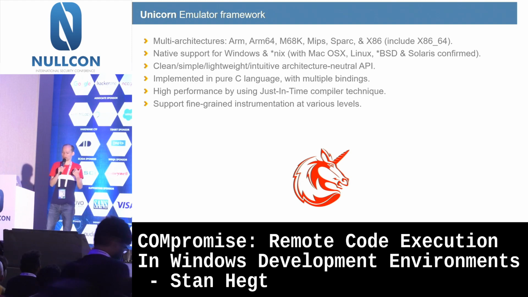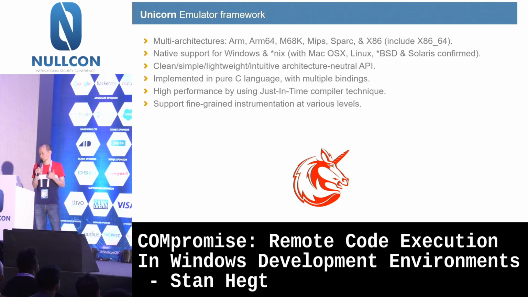We support different kinds of CPU architectures. We can emulate Intel, ARM, ARM64, MIPS, SPARC, and M68K. And we run cross-platform, which means Unicorn can emulate all of those CPU instructions on every operating system that you can find, like Windows, Linux, Mac, and so on.